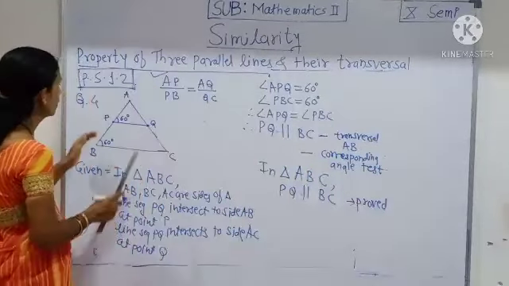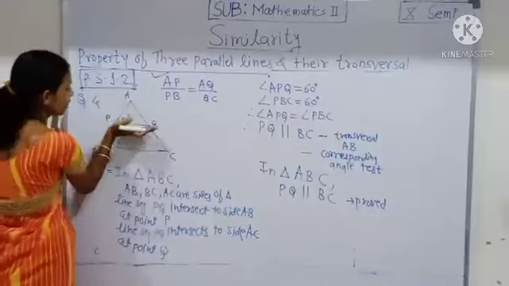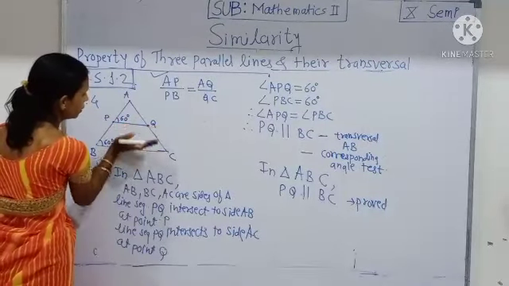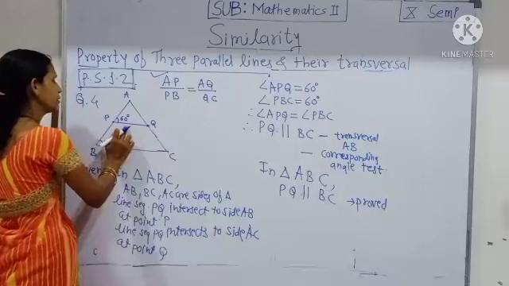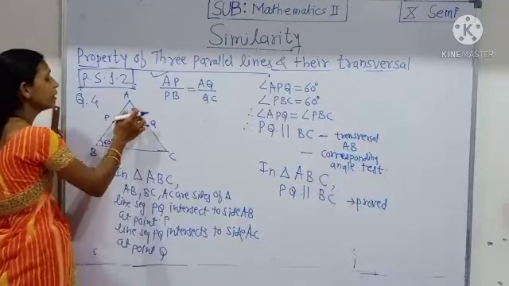Then see here, according to the BPT theorem, if a line is parallel to one of the sides of a triangle, then that line divides the remaining two sides in equal ratio.